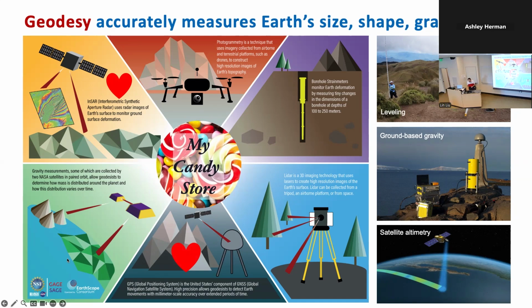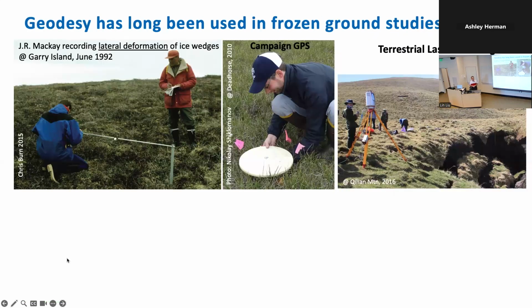Geodesy has long been used to study permafrost or frozen ground in general. Let me show you a few photos. This is legendary permafrost scientist J.R. McKay. He deployed sensors like this to measure the opening and closing of cracks on the surface. People put GPS receivers right over the surface of frozen ground and measure how things change.